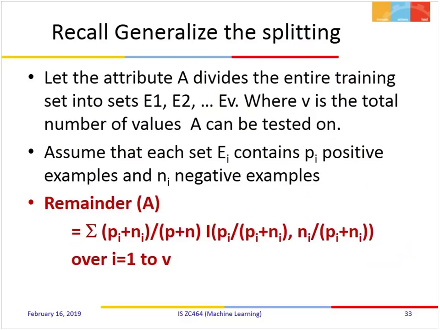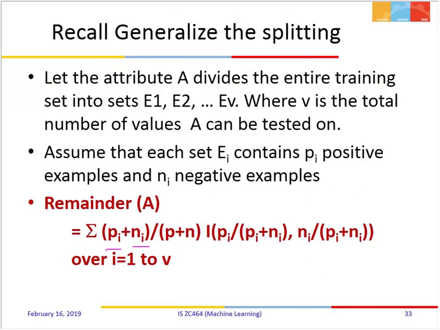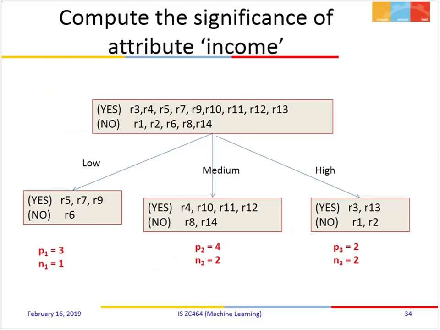So if I now look at this Pi and Ni, this refers to 3 different indices corresponding to the 3 values of low, medium and high. Okay, so what is going to be P1? I think I have shown it in some slide later. Yeah, so in the same example, in the next slide, P1 is 3 because there are 3 positive examples, and 1 is an index corresponding to V1, which is low.